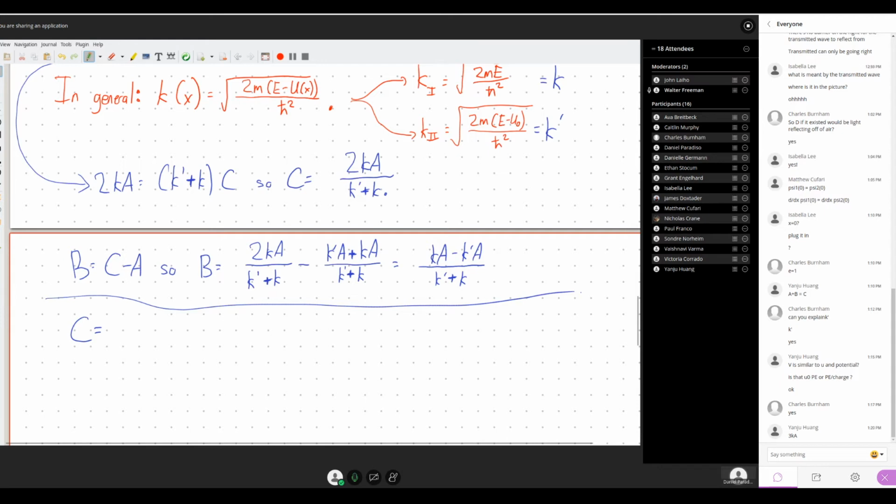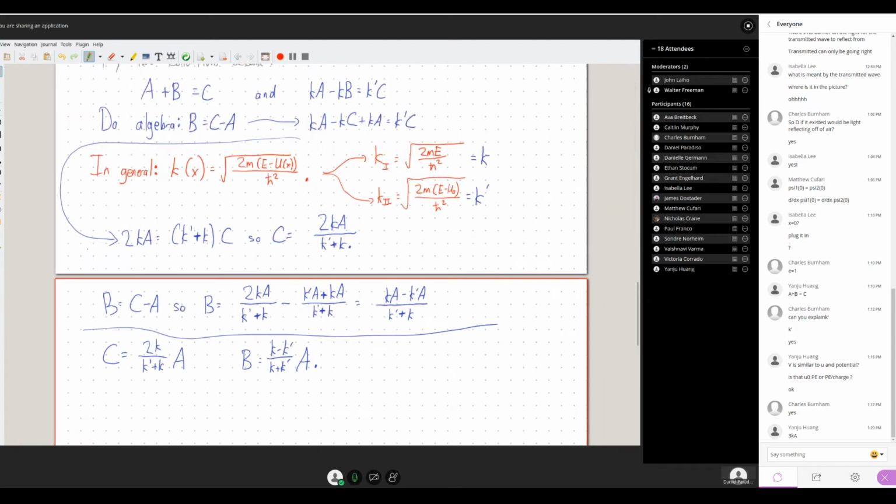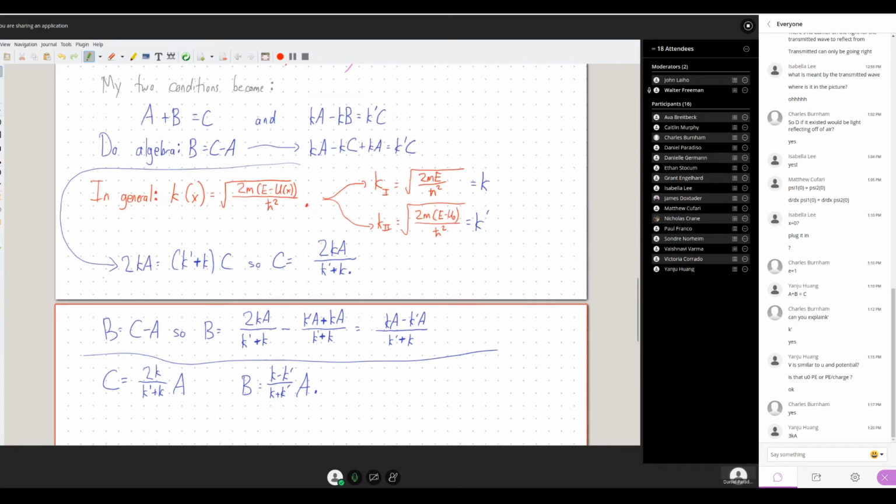So C is 2k over k prime plus k times A, and B is k minus k prime over k plus k prime times A. These are transmission and reflection amplitudes. So that's one example of how to do this.